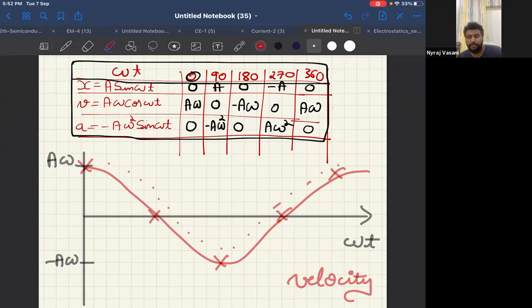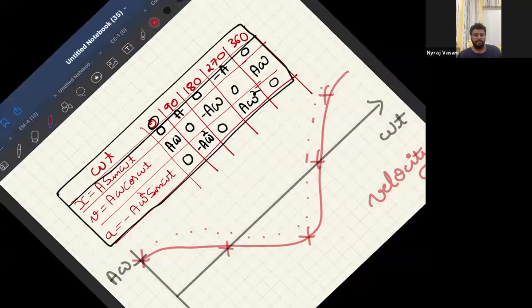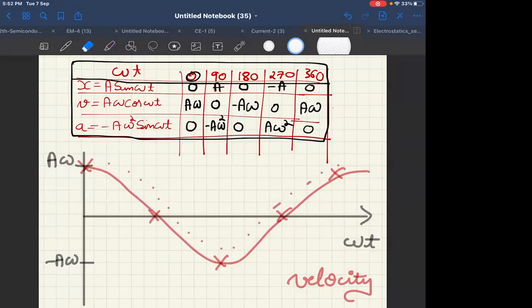Now, can you draw the graph of acceleration? Yes, sir. It will be reverse of displacement.